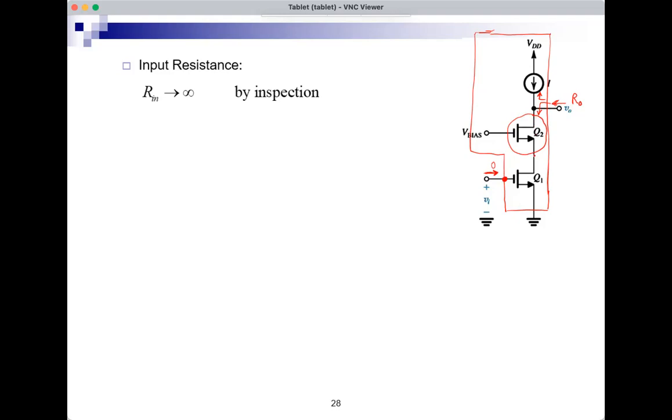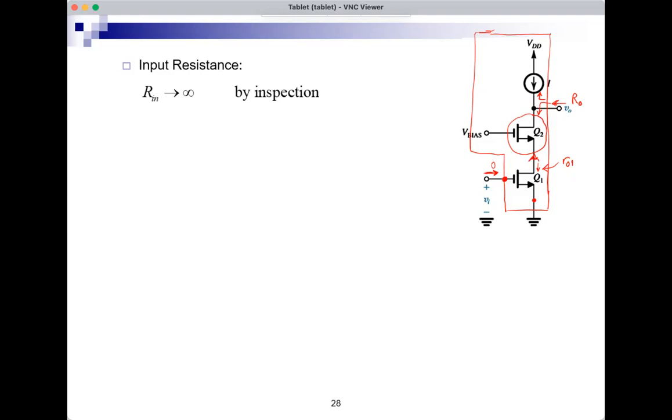And between the source of Q2 and ground, if I'm looking down, I'm looking into the drain of Q1 with nothing at the gate, no signal here, and nothing at the source, no signal here. I also have a rule for this. If I'm doing an output resistance calculation, the input is 0, and I'm looking into the drain of Q1, I will see small RO1.